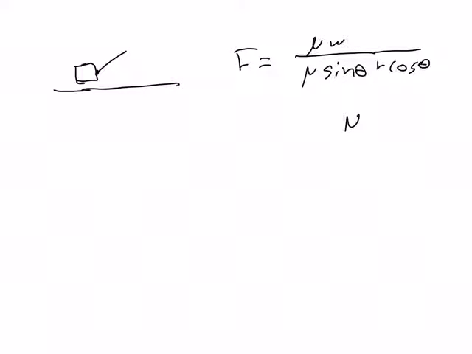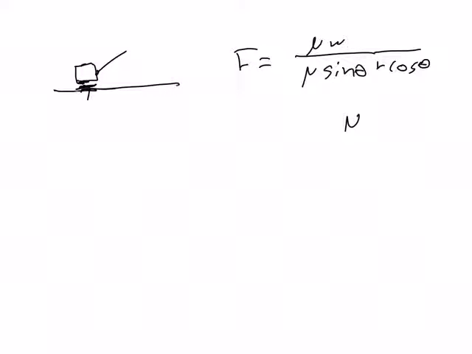Then the magnitude of the force on the object is going to be mu W over mu sine of that angle plus cosine of that angle, where mu is some constant, which is the friction of the object with the bottom over here.